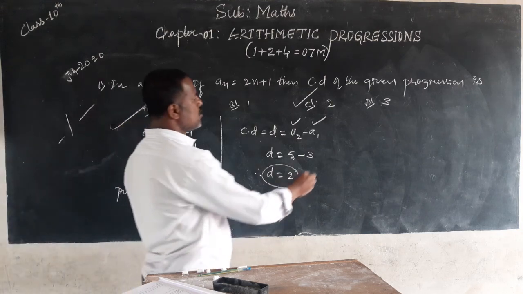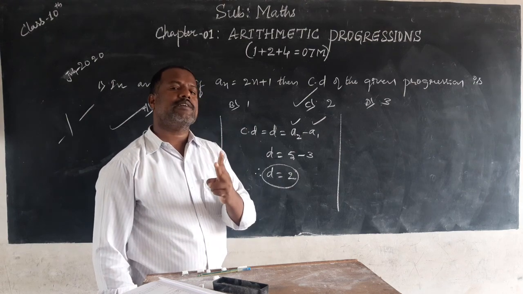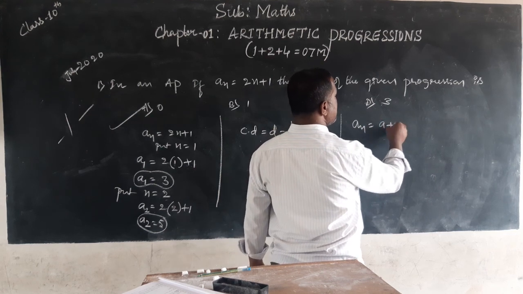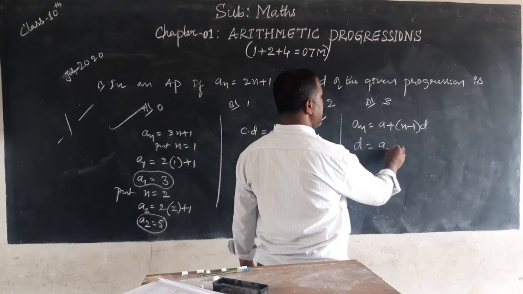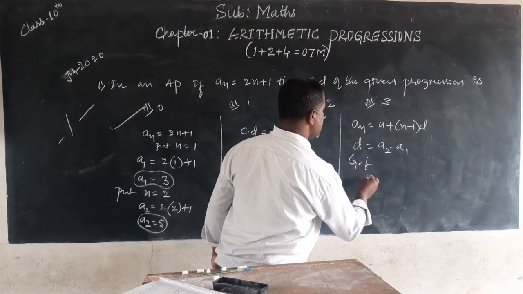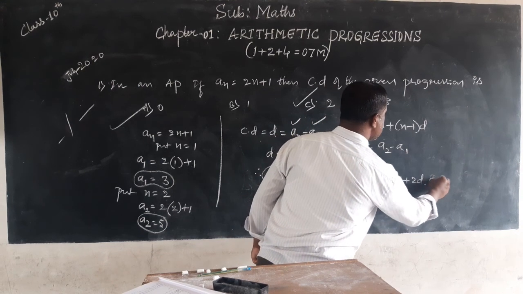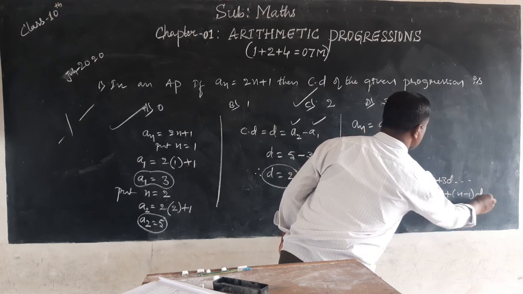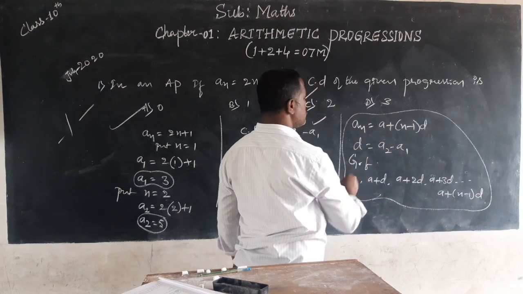I am telling that today you have to follow the important formulas. That is the AN formula, A_n equals A plus of n minus 1 into D, and another formula, small d equals A2 minus A1, and the general form, that is A, A plus D, A plus 2D, A plus 3D, dot dot dot, A plus of n minus 1 into D. So these are the very important things you have to follow today.